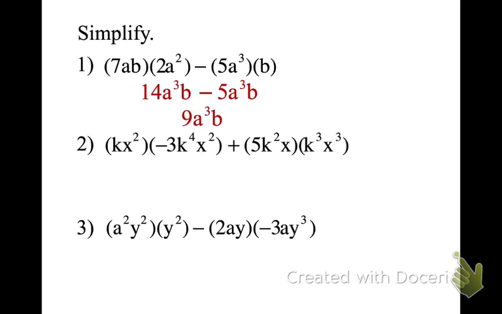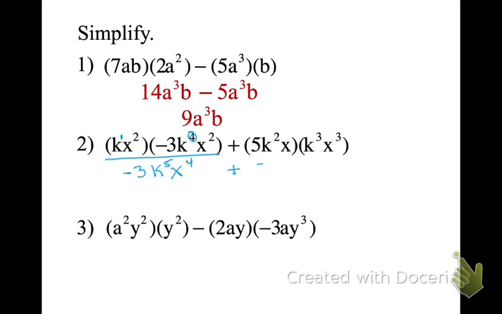Now, see if you can simplify just this part right now. Okay, we always write the coefficient first. How many k's do we have altogether? I have 4 over here, and I have 1 here, k to the 5th. And how many x's do we have? We have 4.